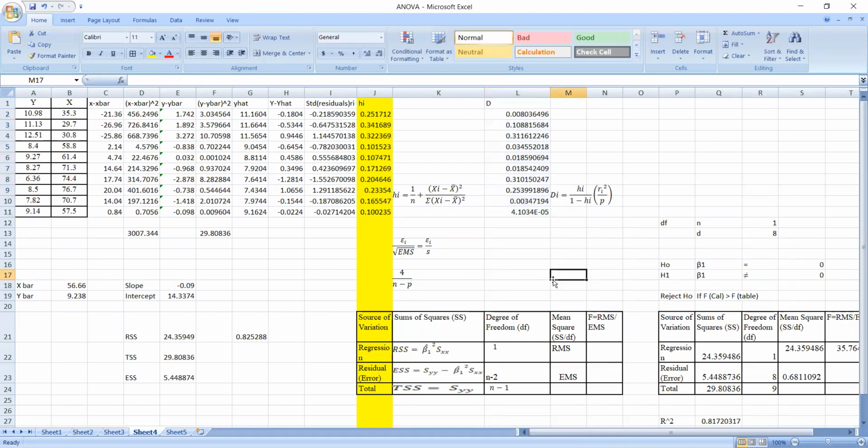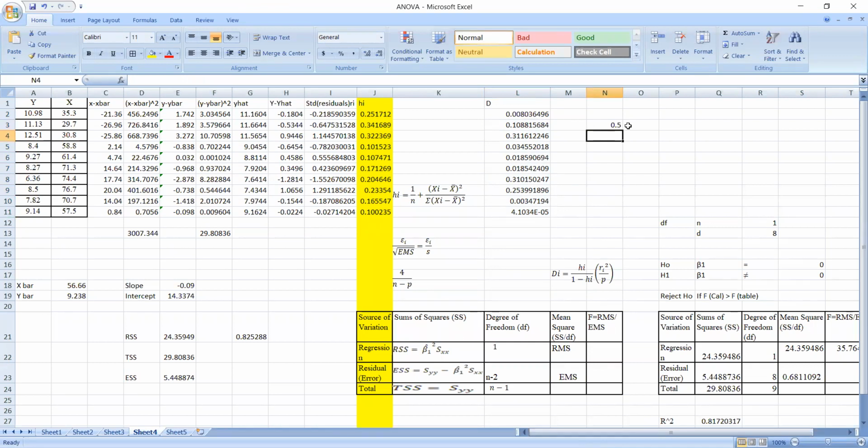In some books you will have different cutoff points, but in most cases we use the cutoff value 4 over n minus p. If I calculate this value for our data set, n is equal to 10 and we have 2 parameters, so 4 divided by 10 minus 2, that is 0.5.